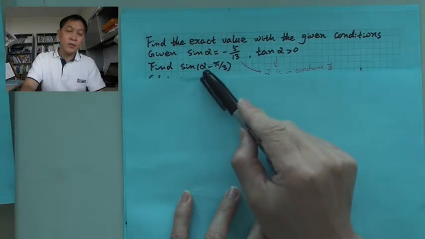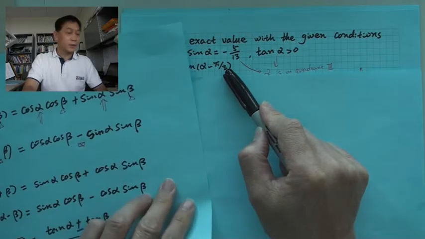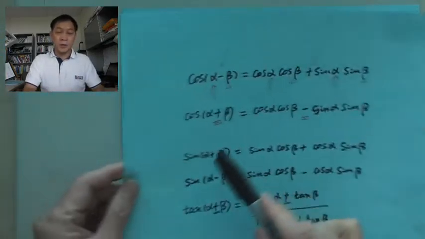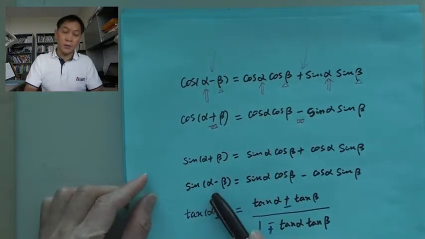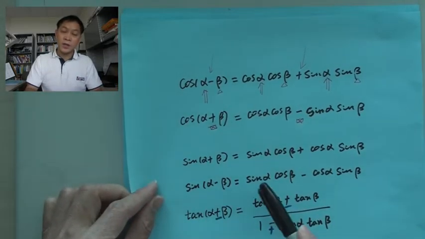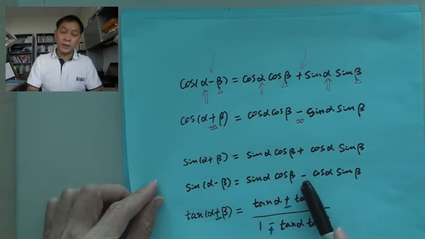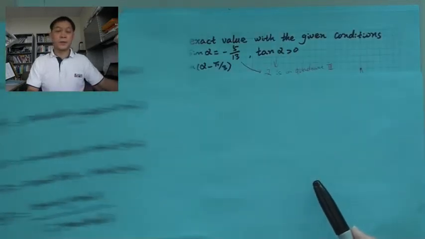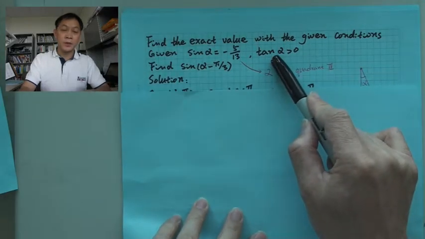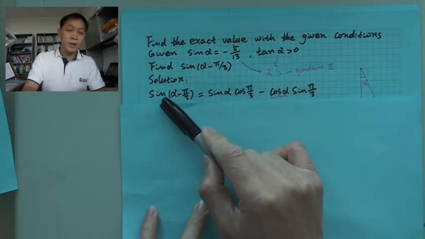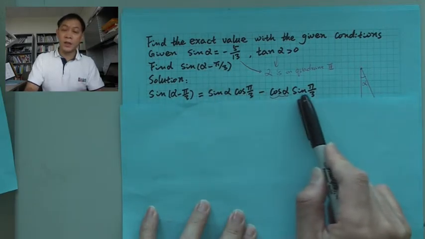So here is sine of alpha minus pi over 3. You got to use which formula? You got to use formula 3. Sine, negative, so formula 4. Sine is sine, cosine, cosine is sine. And if here is negative, then here is negative. So here you just need to do sine of one angle minus another: sine, cosine, cosine, sine.